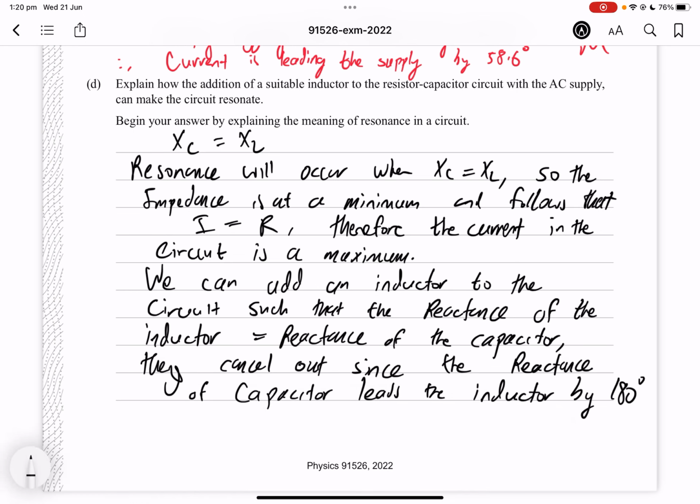So we can add an inductor such that the reactance of the inductor is equal to the reactance of the capacitor, so XC equals XL.